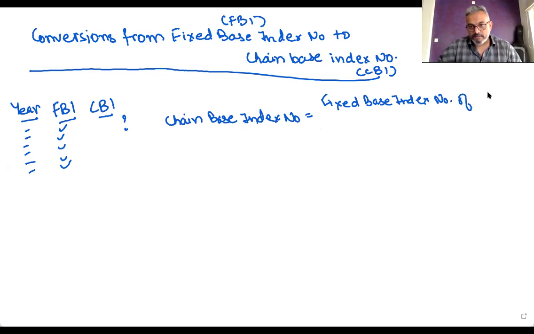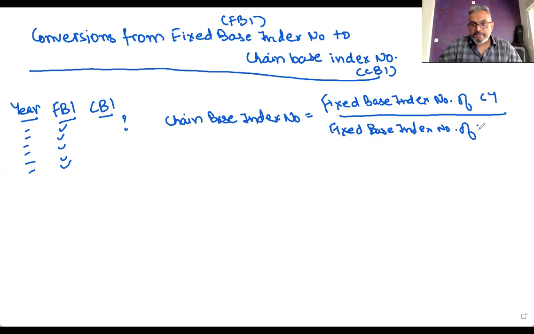Chain base index number is equal to fixed base index number of current year upon fixed base index number of preceding year or previous year into 100.